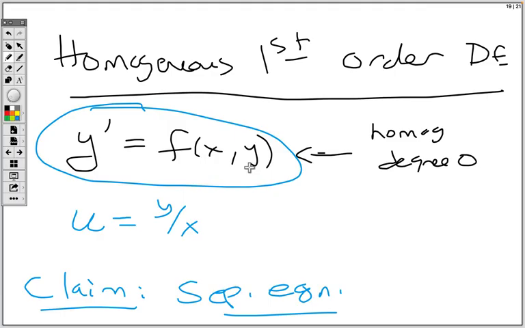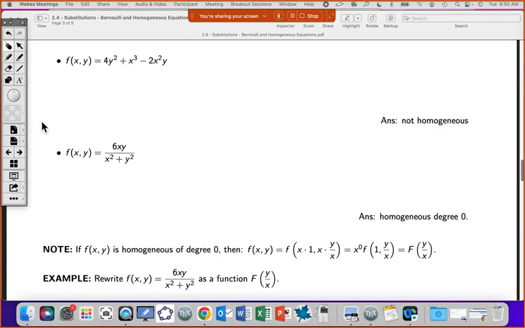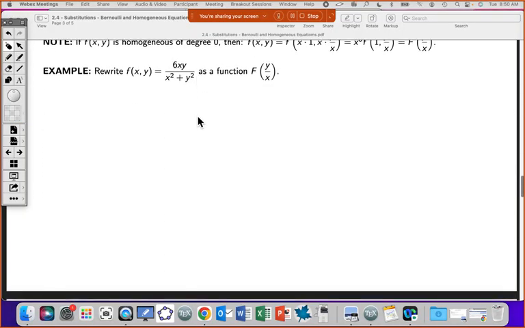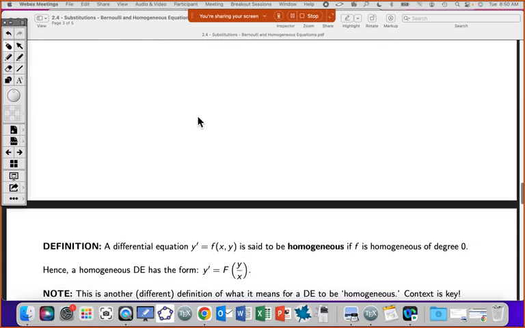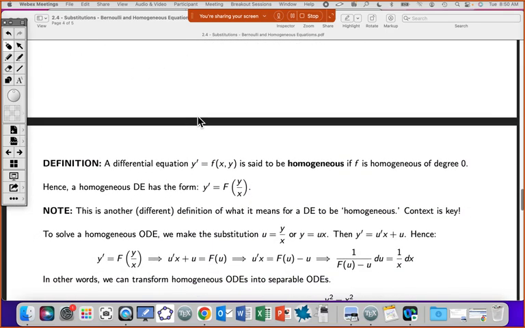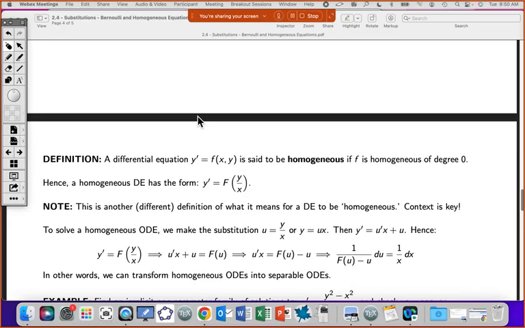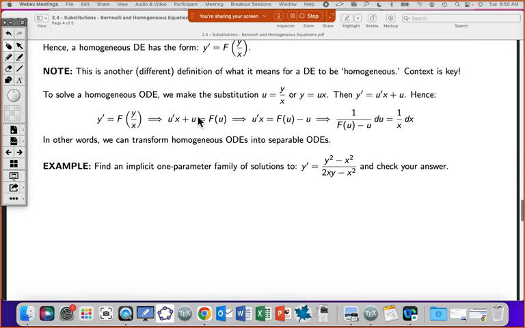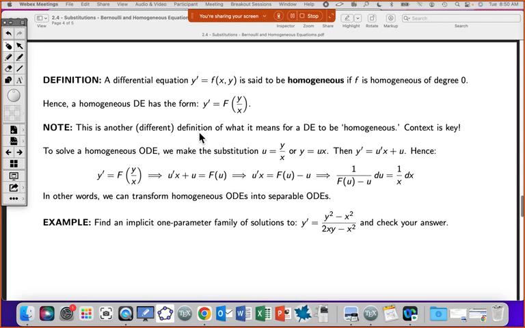So just like Bernoulli takes a nonlinear and turns it into a linear, homogeneous substitution takes something that's not separable and makes it separable. So what we'll do, I think the best way to do this is go through an example here, and then we'll show that it works all the time.